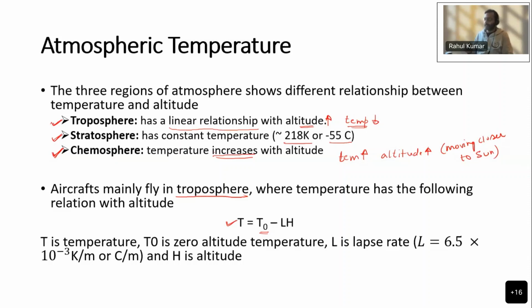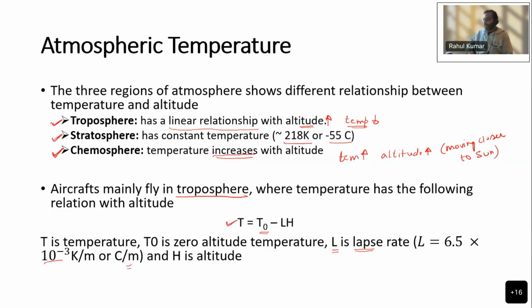Now L is the lapse rate. It is the temperature lapse rate, and it is a constant. Its value is 6.5 multiplied by 10 to the power minus 3 Kelvin per meter or degree centigrade per meter.